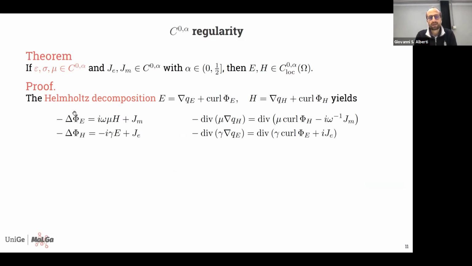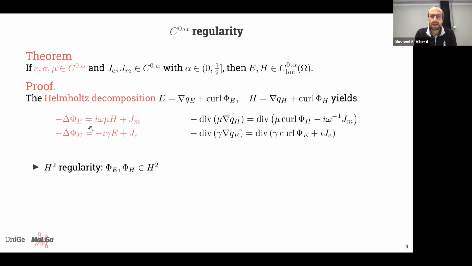As above, the equations for the phis are simpler because I just have Laplacians. Here on the right, the equations for the q's are slightly more complicated because I have non-constant coefficients here. So now you will see that the game is slightly more complicated than in the H1 case, because somehow we will have to move back and forth between these two equations. Let's see how it works.